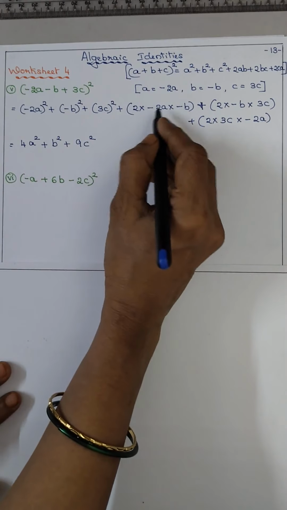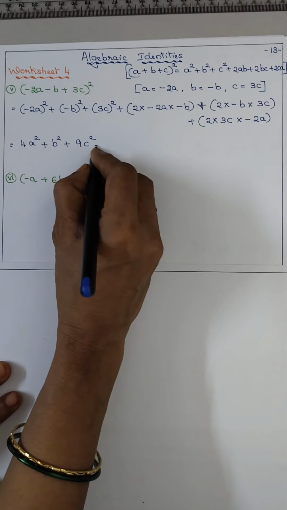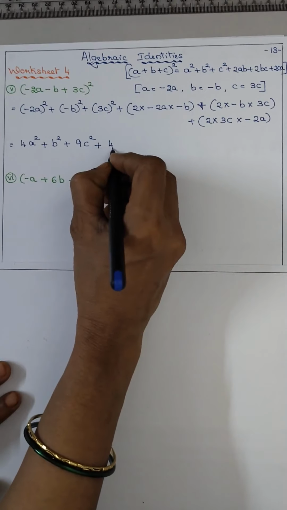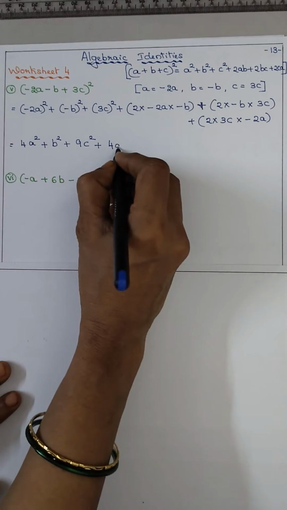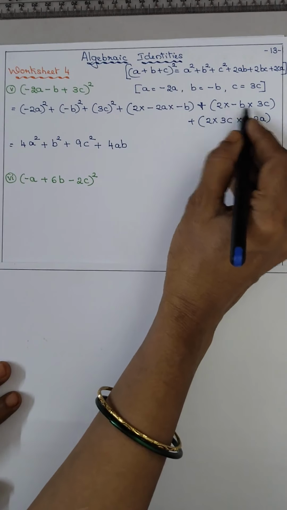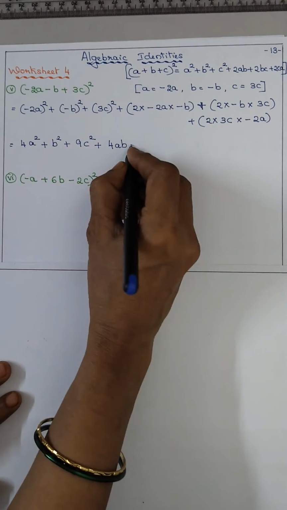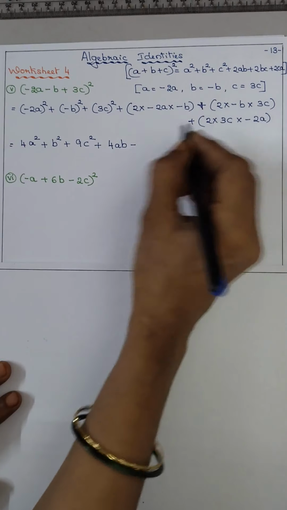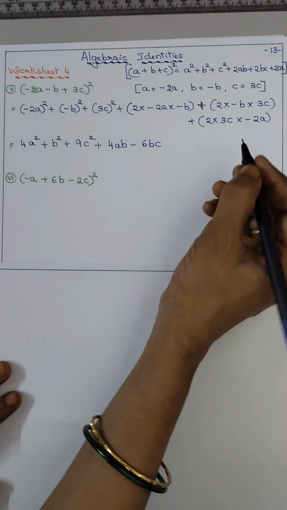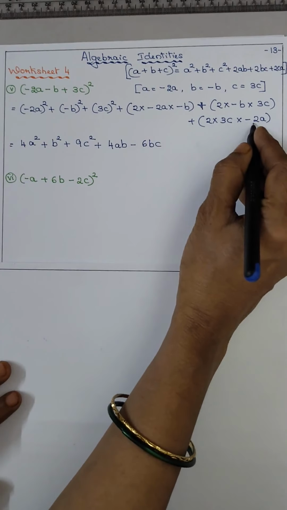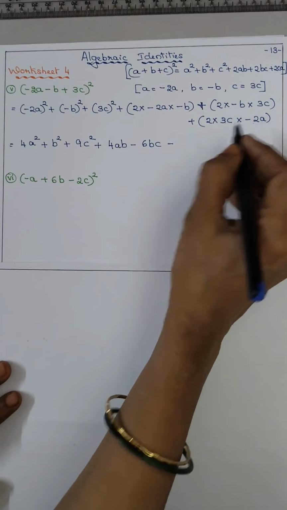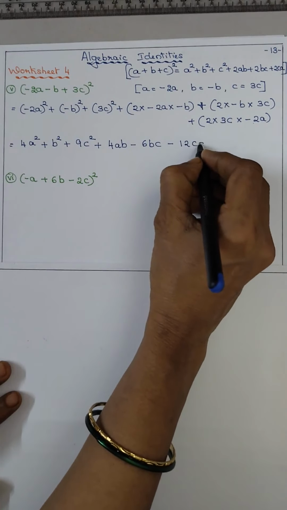Now here 2 negatives are there, so the answer will be plus, 2 2s are 4ab. Now 1 negative, so minus, 2 3s are 6bc. Here 1 negative is there, minus, 2 3s are 6, 6 2s are 12ca.